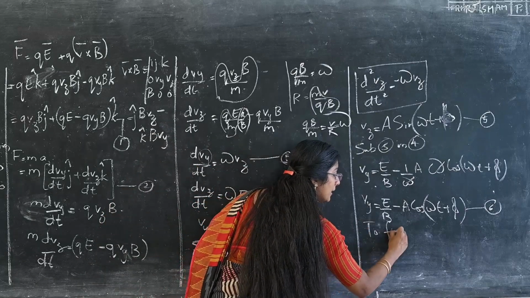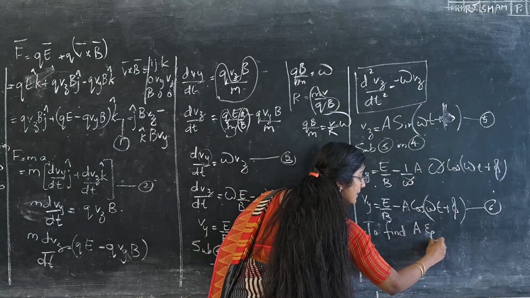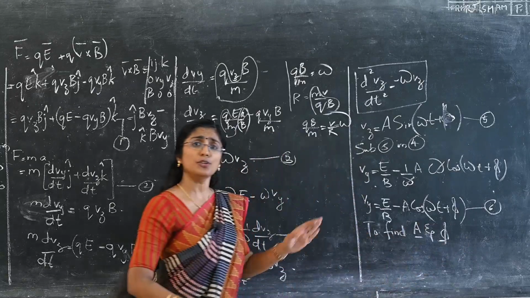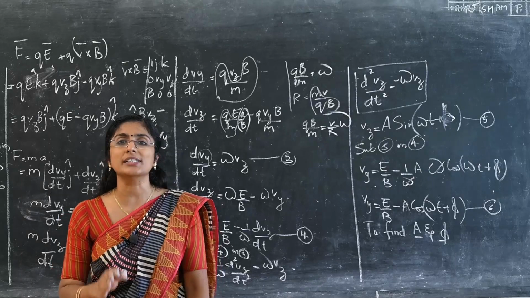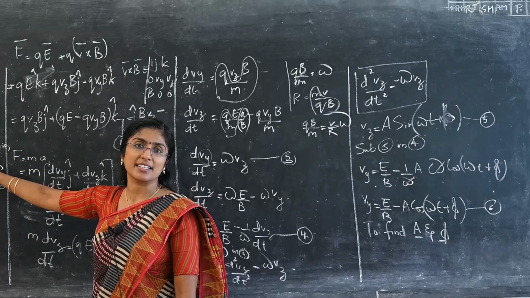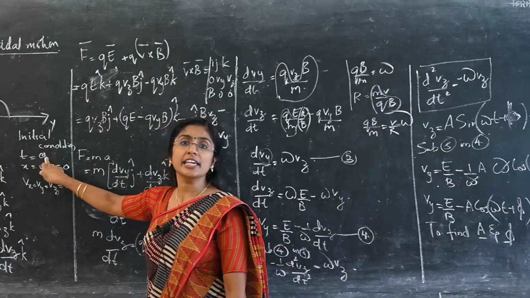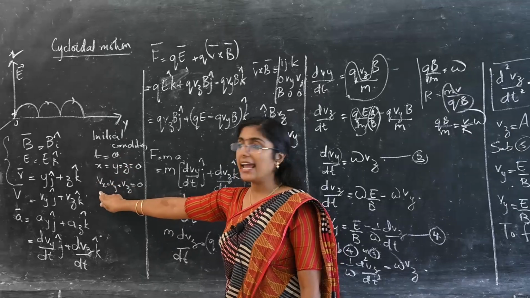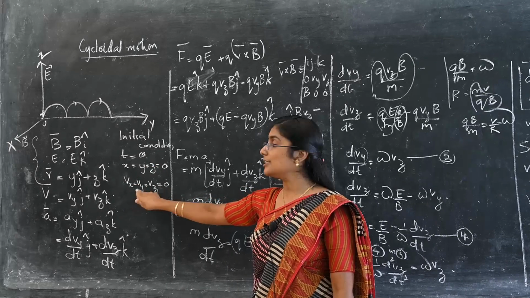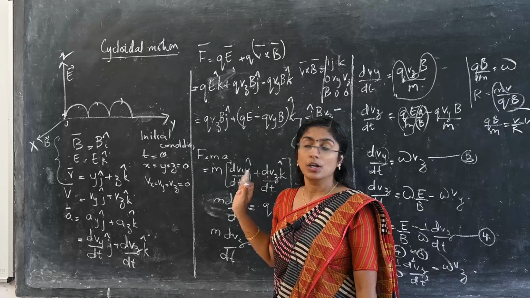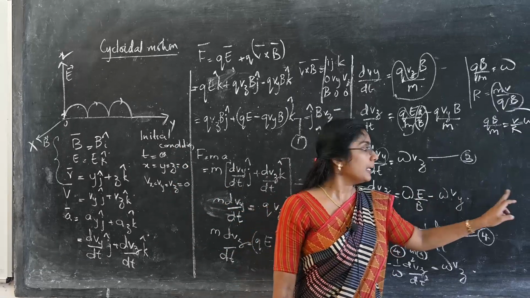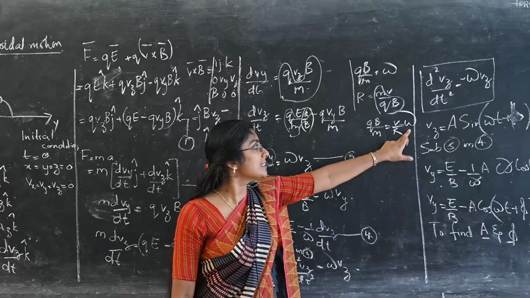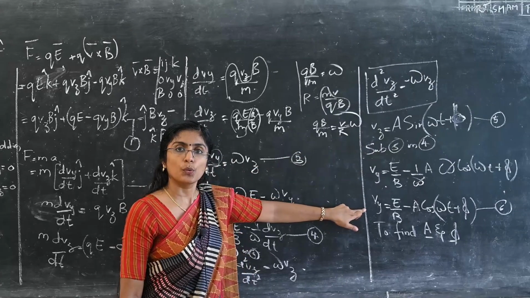To find A and phi, what we are going to do is apply the initial conditions. That is, at t equal to 0, Vx equal to 0, Vy equal to 0, Vz equal to 0. So this is the initial condition that I am going to apply in Vz and Vy.